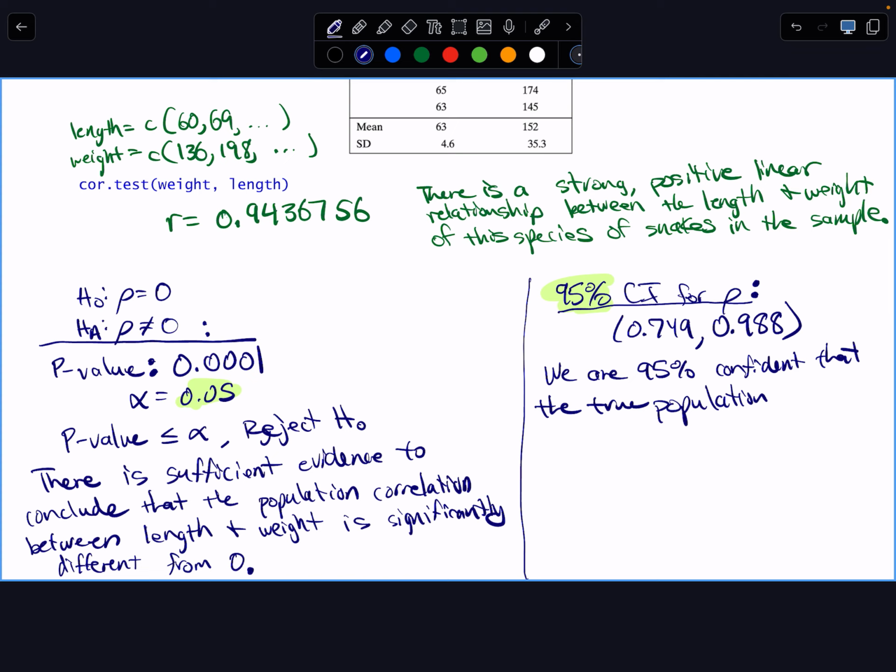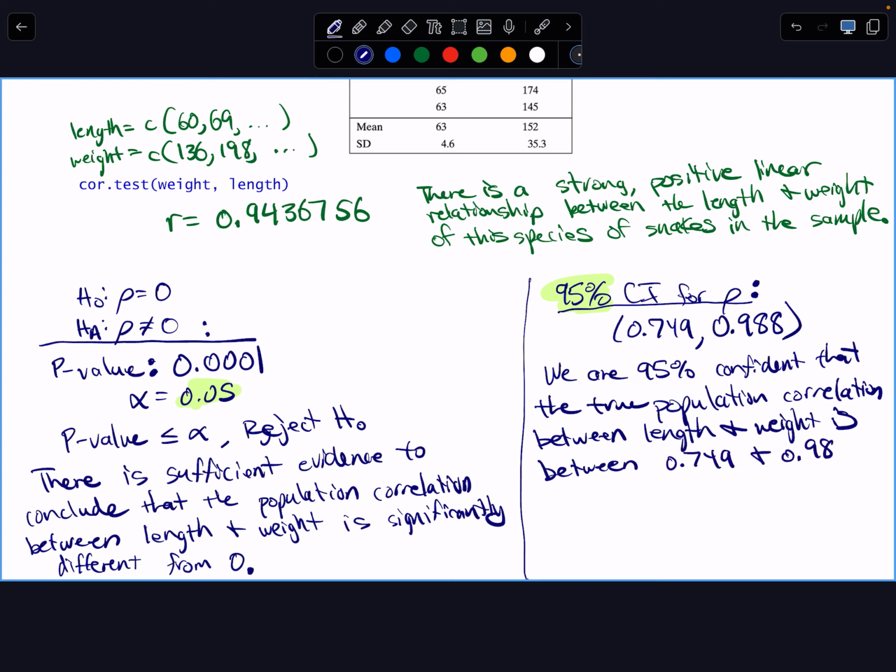The true population correlation between length and weight is between 0.749 and 0.988. Right? So we're pretty confident that we're going to have a strong linear relationship in our population, right? Because the smallest number in that confidence interval is approximately 0.749, which is a strong correlation. And it includes values upward to 0.988.